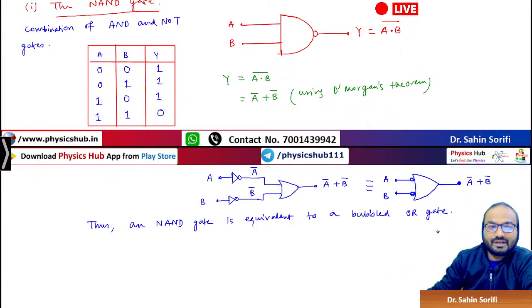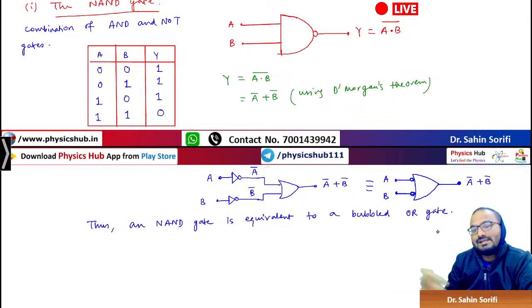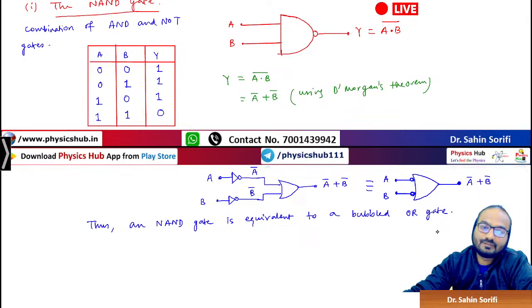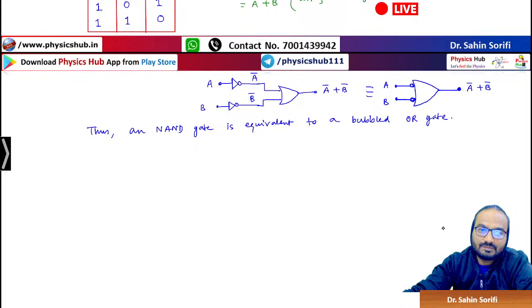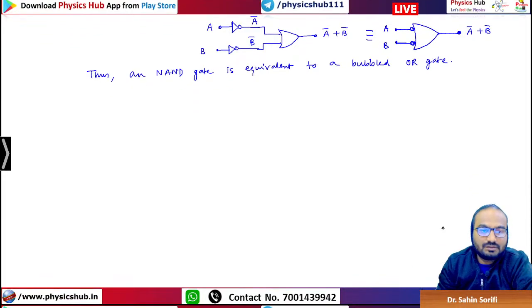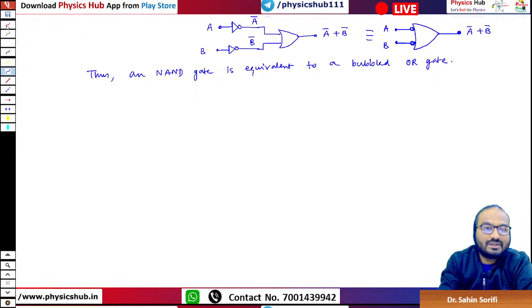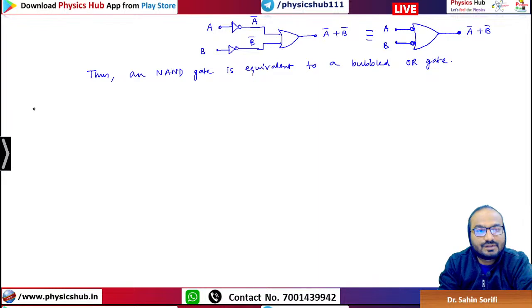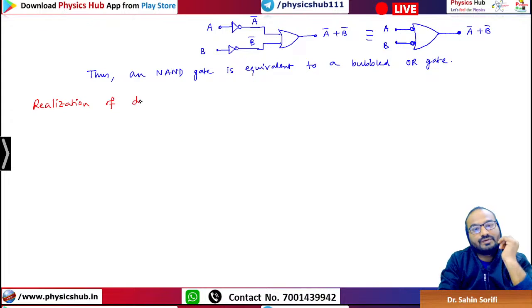Now, as I told you, using NAND gate you can design any gate. So, let us take some examples of how, using NAND gate, we can design different gates. Realization of different gates using NAND only.